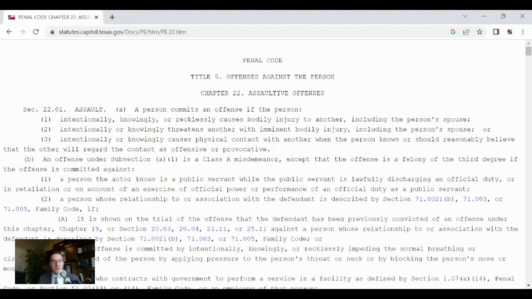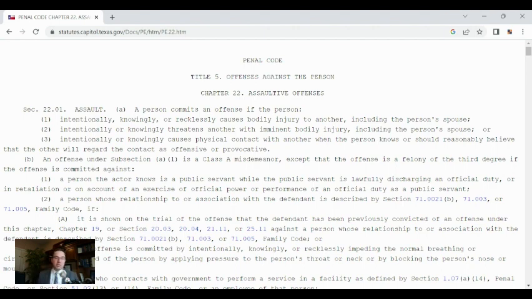Now, this section here, including the person's spouse, is sort of a relic from a time when you couldn't actually get charged with hitting your wife or hitting your husband. And so, they have this part. It says it includes the person's spouse. So you can actually get charged for hitting your spouse. Who'd have thought? Seems like a crazy thing to have in the law, but it's there. So that's the first way. That's causing bodily injury. And we'll talk about what that is in a little bit.